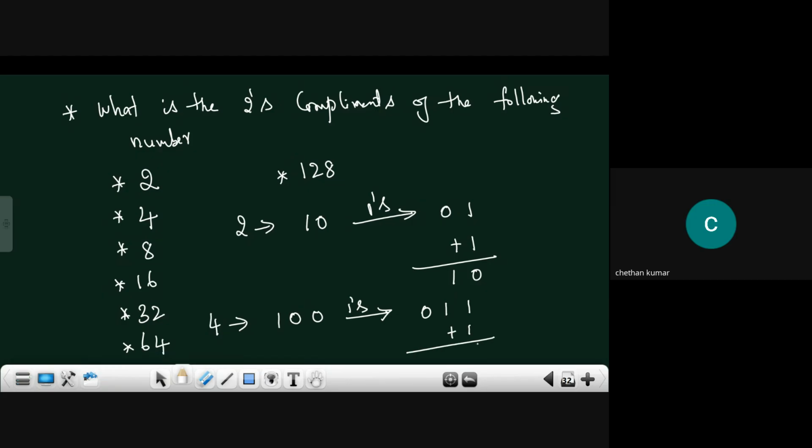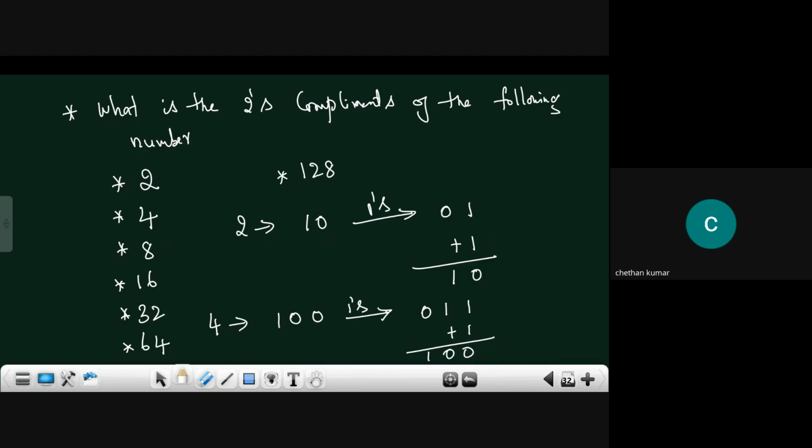That becomes 1, 0, 0. Means for 2, 4, 8, 16, 32, 64, 128, the 2's complement is the same. Understood? These are powers of 2: 2 power 1, 2 power 2, 2 power 3, 2 power 4, 2 power 5, 2 power 6. Its 2's complement will be the same.